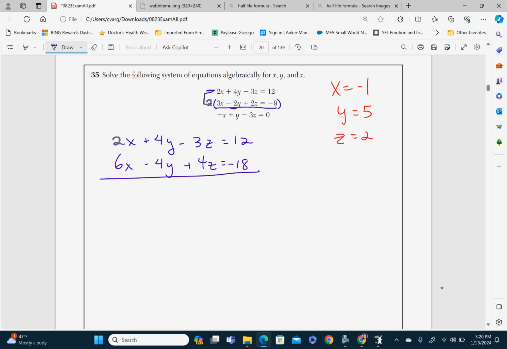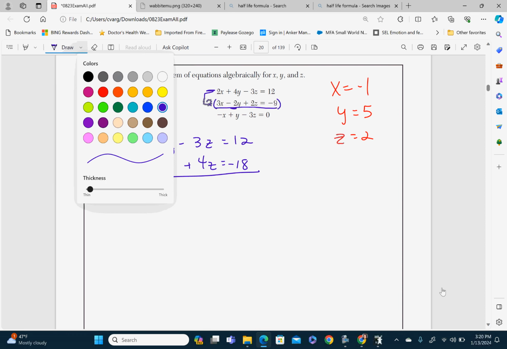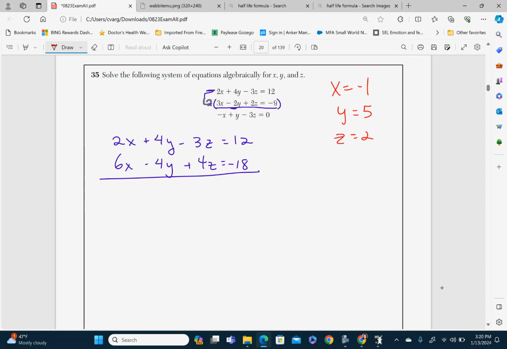I did that so I can get rid of that. So 2x plus 6x is 8x. -3z plus 4z is plus 1z. And -18 plus 12 is -6. Okay, so that's the first thing that I did. So now I got rid of the y.